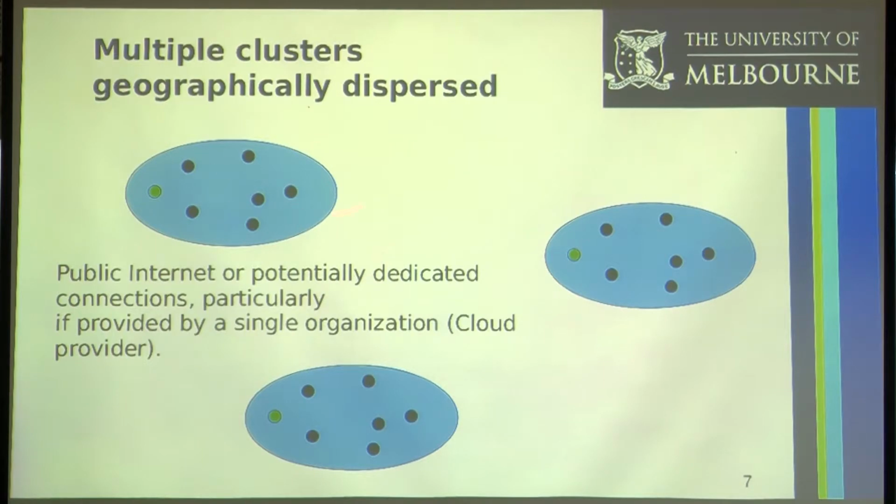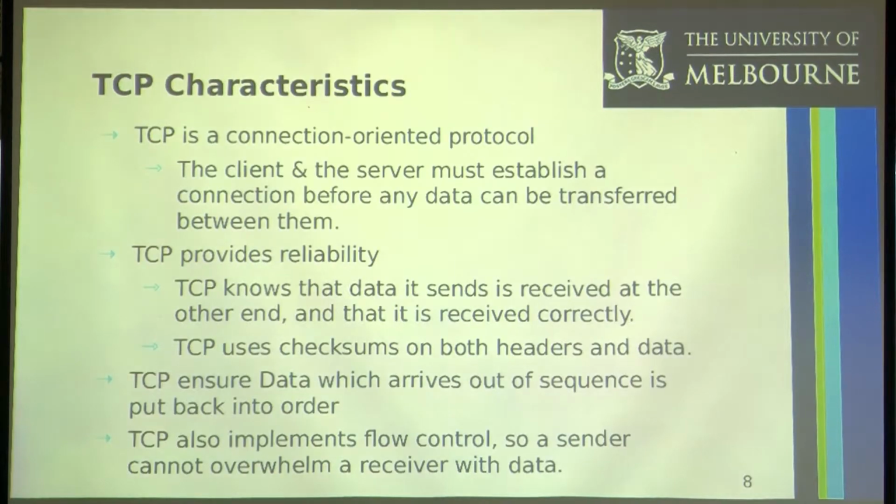If it's a company like that providing you with one single system, they might have dedicated connections rather than just things going over the public internet. They'll have dedicated connections that increase the bandwidth between these regions, and so on and so forth. Again, what you see and what you get depends a lot on where you're getting the resources from, who's controlling the resources, and how it's all being set up.